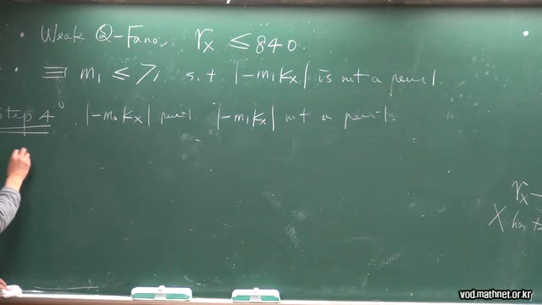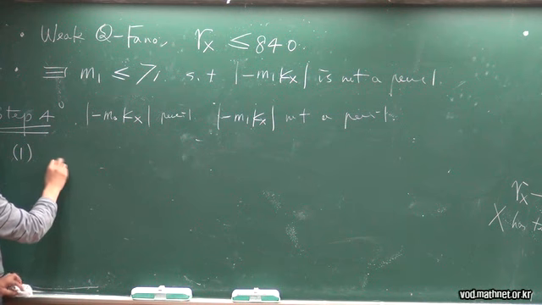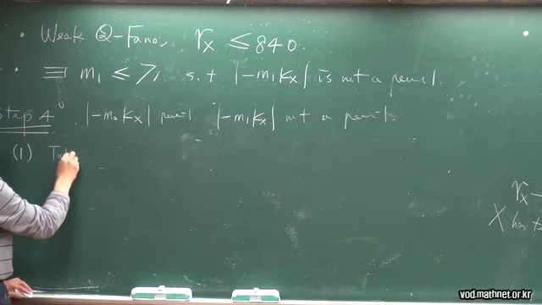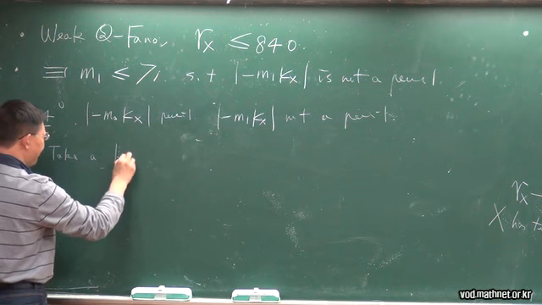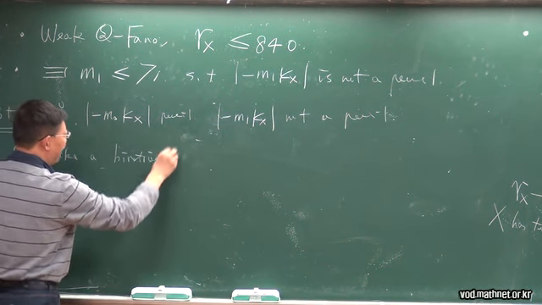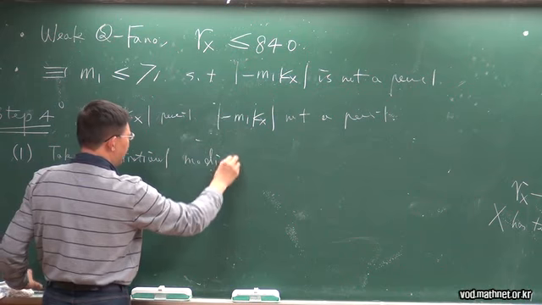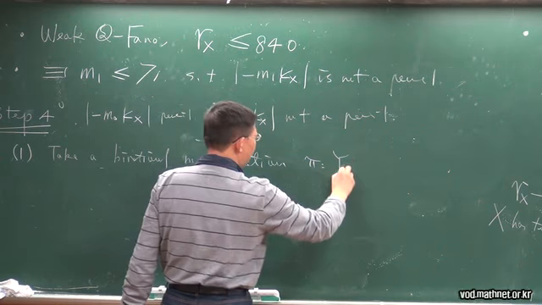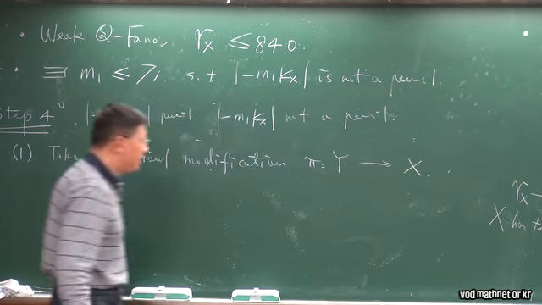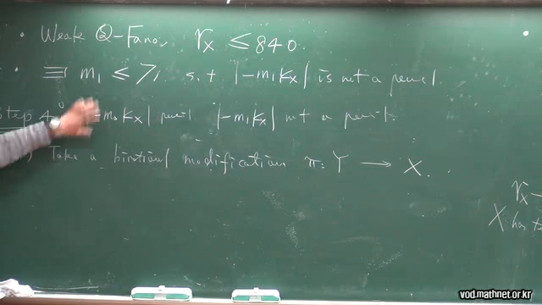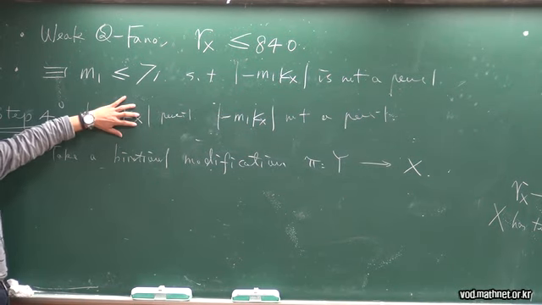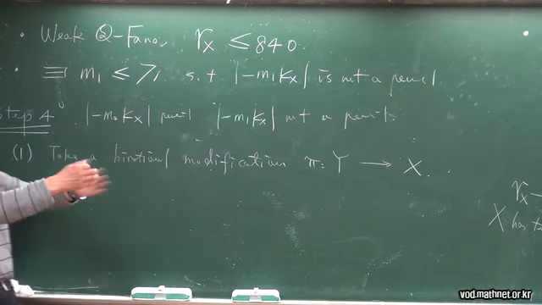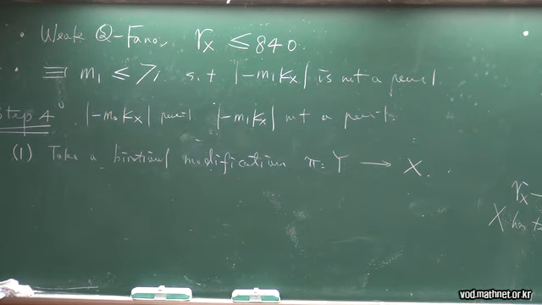So first, the first step, we take a birational modification, say pi: Y to X, to resolve many things. For example, the indeterminacy in this linear system, to make a finite number of linear systems base point free upstairs.